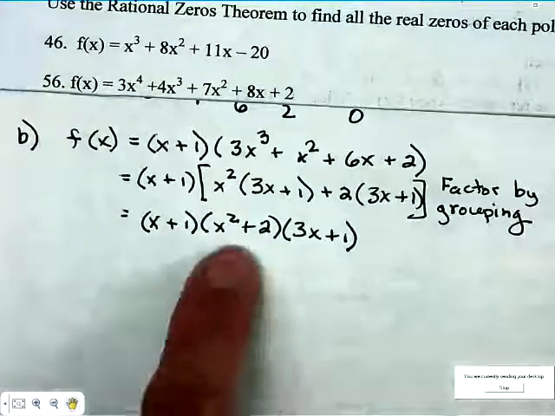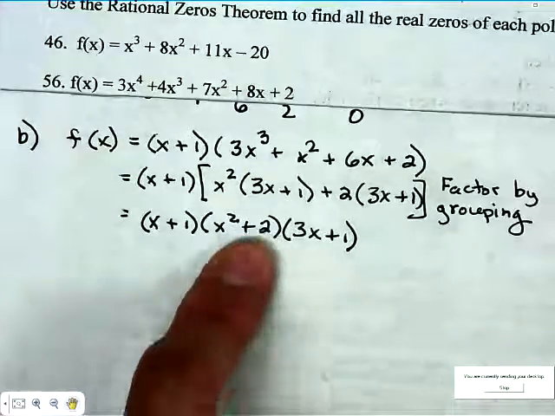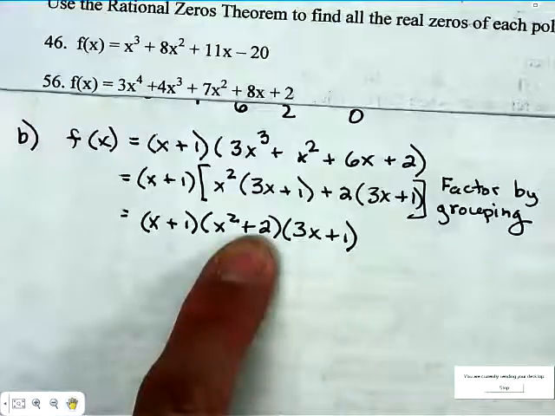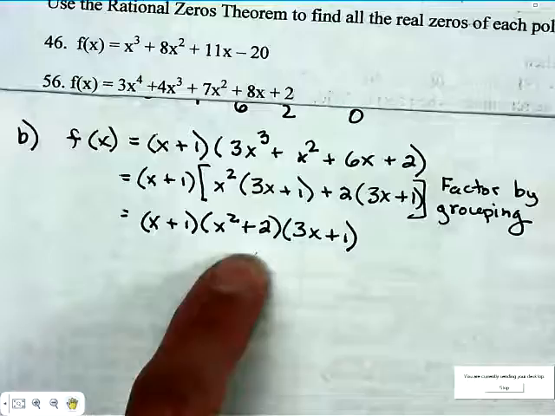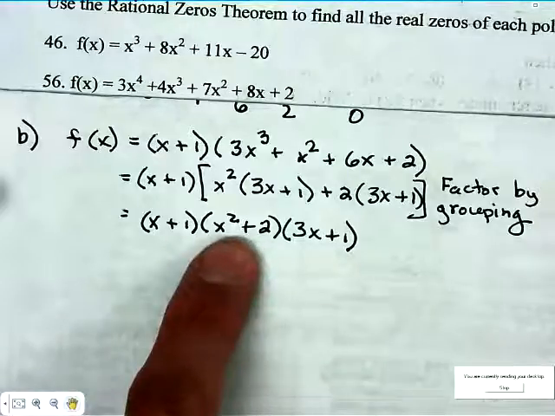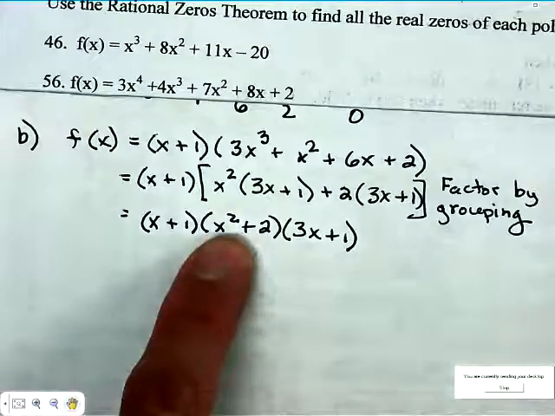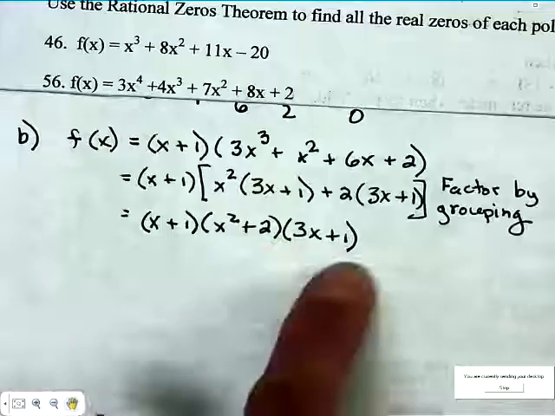Will it factor any further? How about that x squared plus 2? My only guess would be x plus 1 times x plus 1, but that doesn't multiply together to give me x squared plus 2. That won't factor any further. So I have factored completely. And that's what the B part on the test asks for, factor completely.